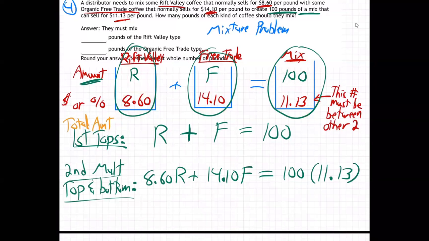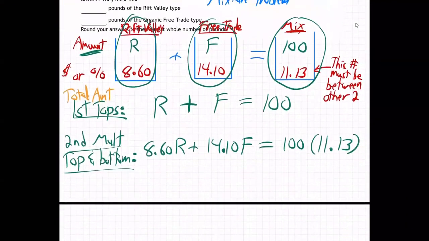I'm just giving you the reason why it's true. Why is this right? Because the second equation is all about total money. The total monetary value of the Rift Valley coffee we're throwing in the mix is $8.60 per pound times however many pounds of it, which we don't yet know, call it R, plus $14.10 per pound times F, the number of pounds of free trade coffee, equals 100 pounds times $11.13 per pound.